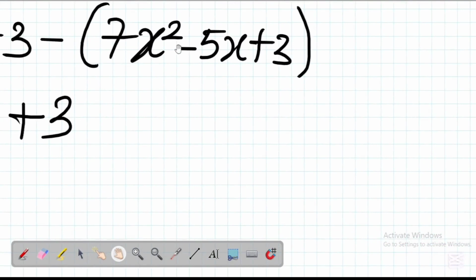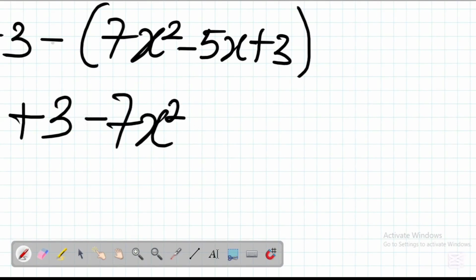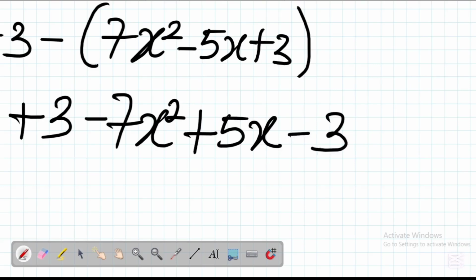Here, we will multiply all the terms inside the bracket using minus. So minus times 7x squared gives us minus 7x squared. Minus times minus 5x gives us positive 5x. And then minus times positive 3 gives us minus 3.